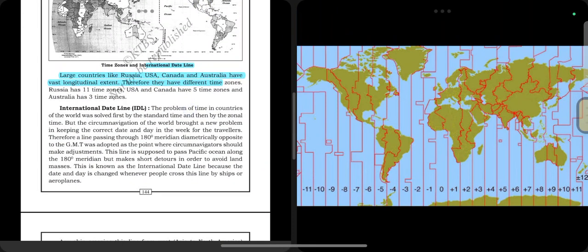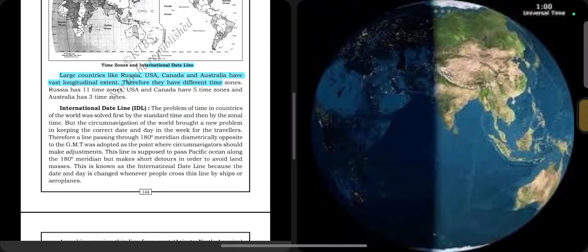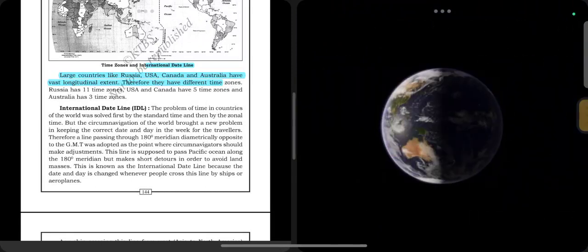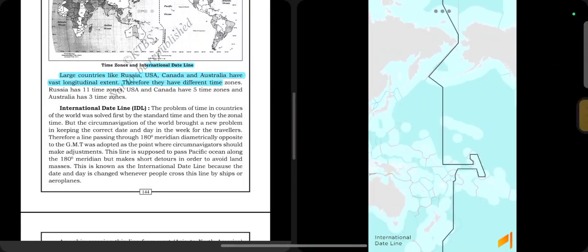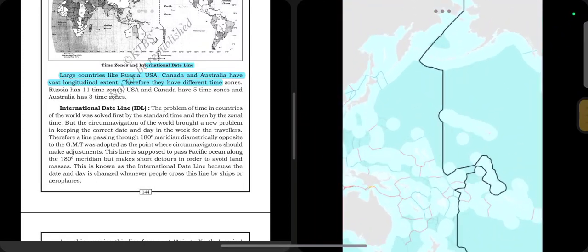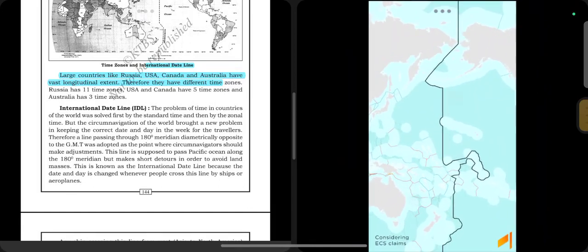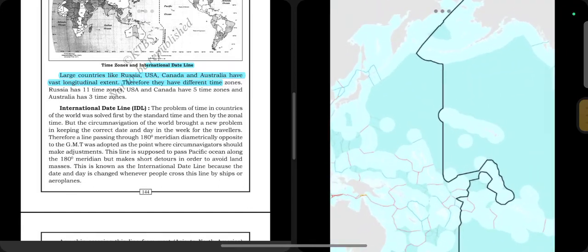When it comes to the international dateline, I'll give one example, so it will be beneficial for you. So this is the international dateline. If you're going east, you will be losing one day. If you're going west, you will be gaining another day. So it is exactly opposite to the Indian time zone.